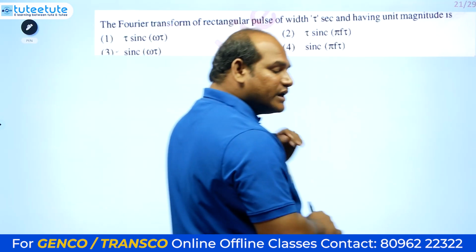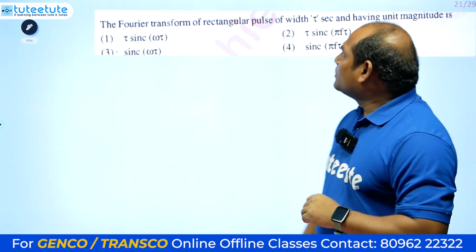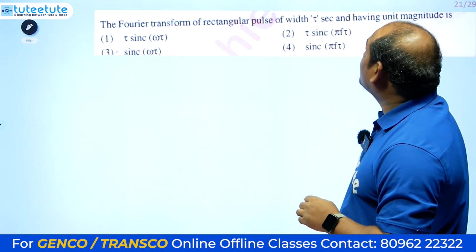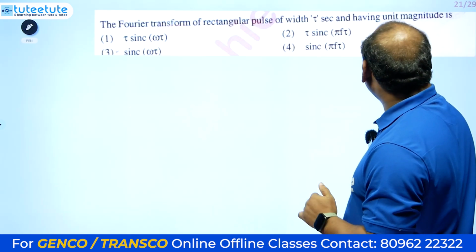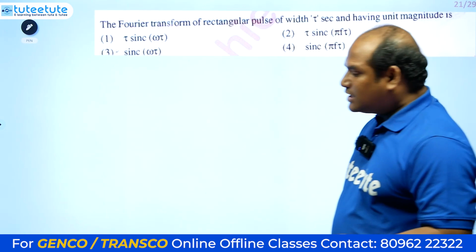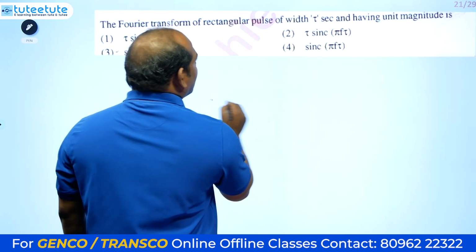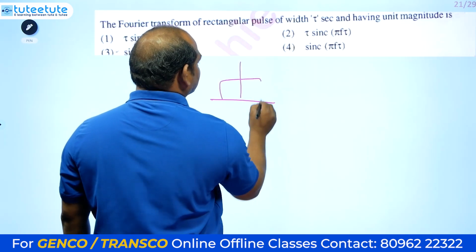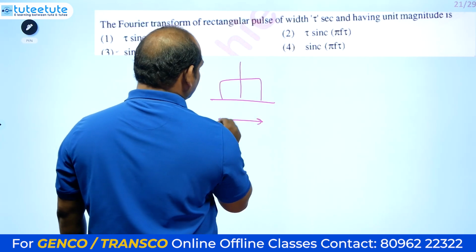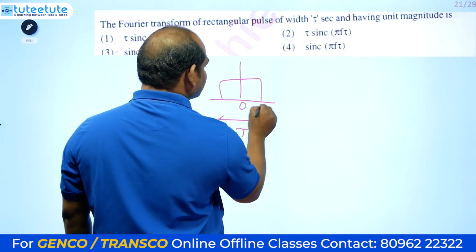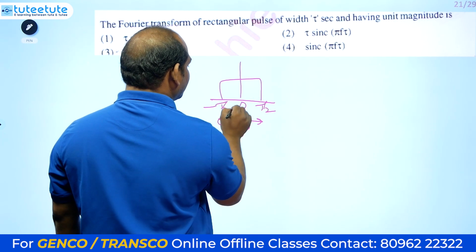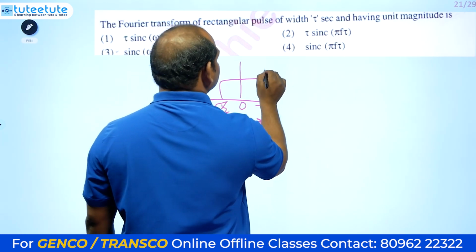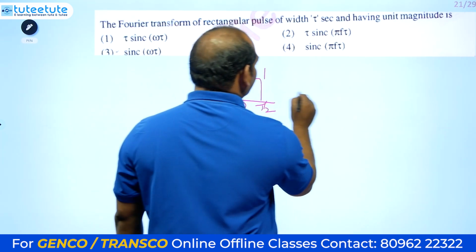Next, the Fourier transform of a rectangular pulse of width tau seconds and unit magnitude. We take a rectangular pulse of width tau, from minus tau by 2 to tau by 2, with amplitude 1.